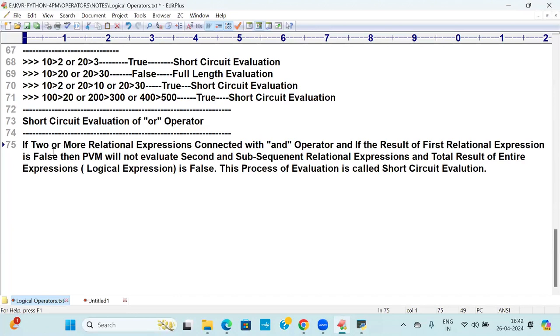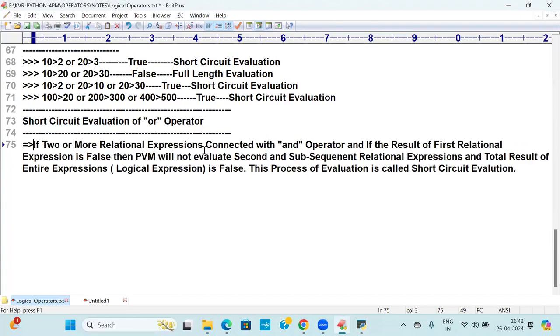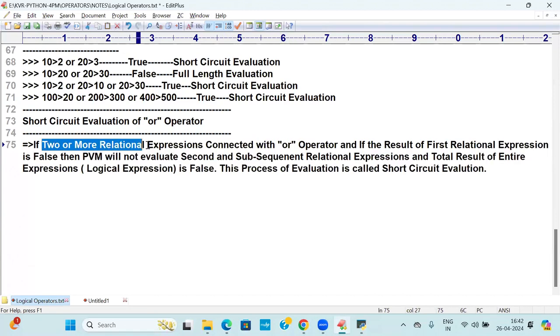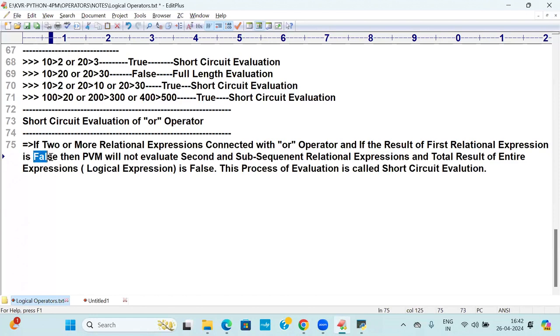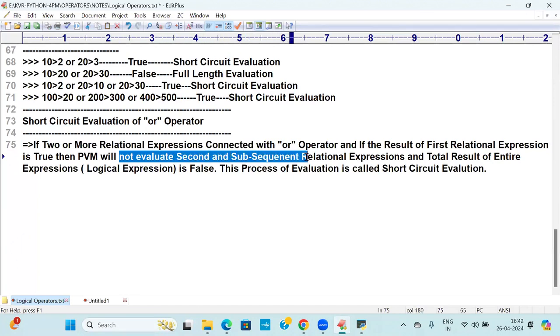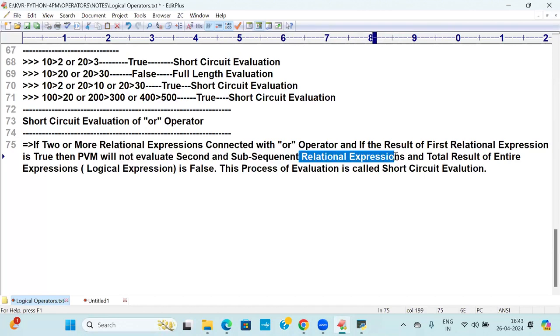If two or more relational expressions are connected with the or operator, and if the result of the first relational expression is true, then PVM will not evaluate the second and subsequent relational expressions.